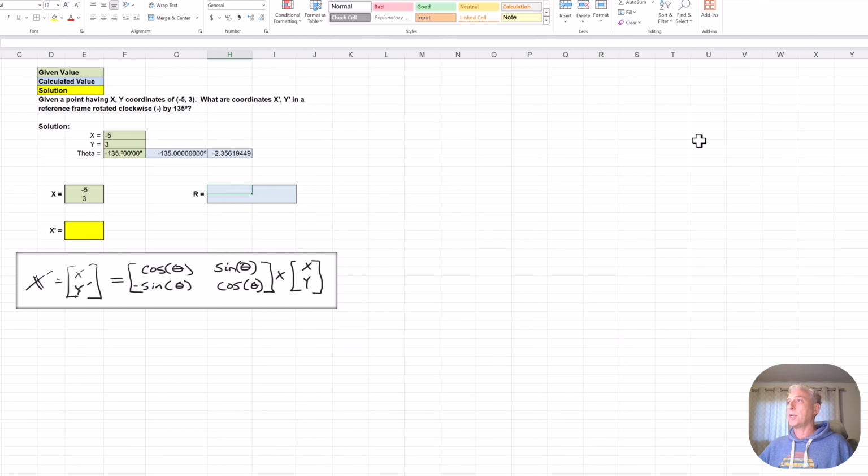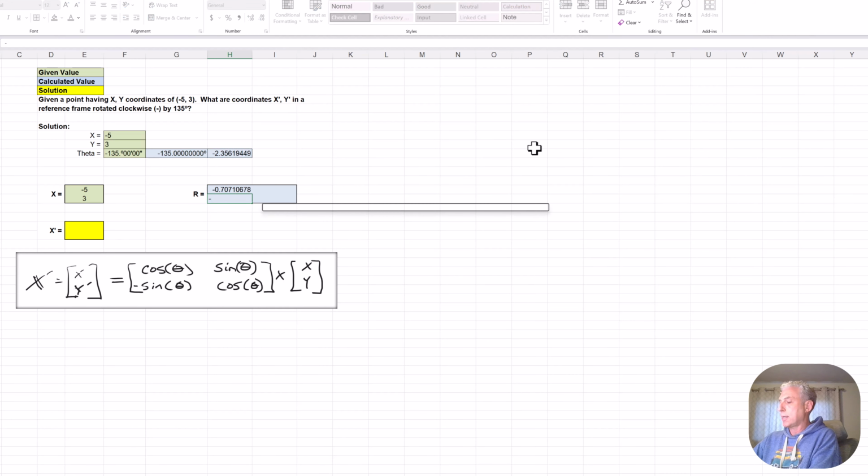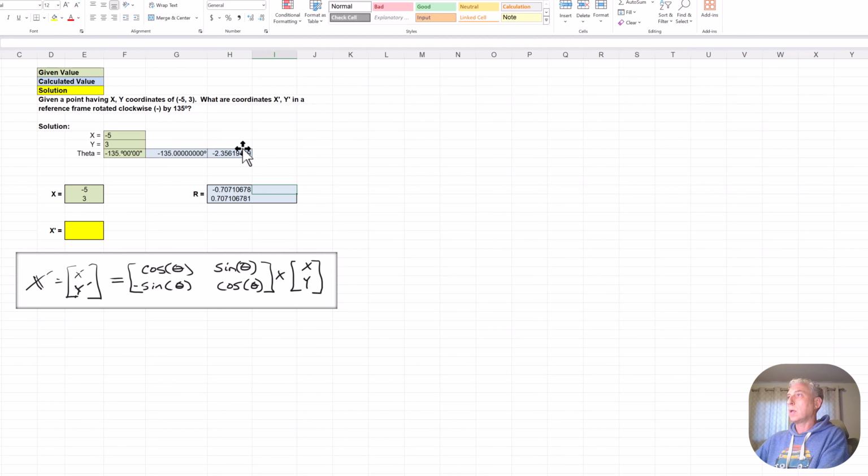In the 1, 1 position, that equals the cosine of theta and minus sine theta. And this should be sine theta. Go into the radians, referencing the cell.